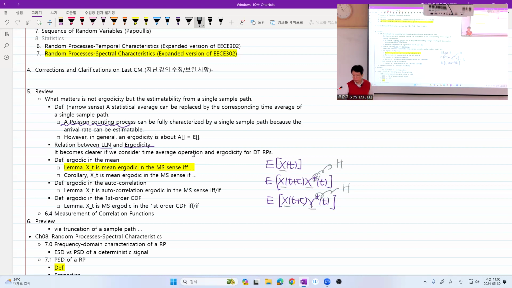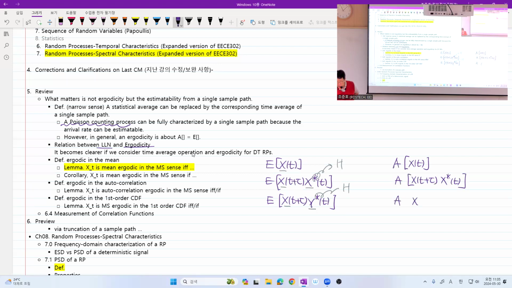And given these ensemble averages, we have corresponding time averages. The first will be the time average of a random process. The second one would be the time average of the product of x sampled at t plus tau and x sampled at t.